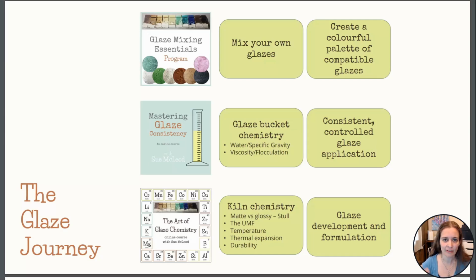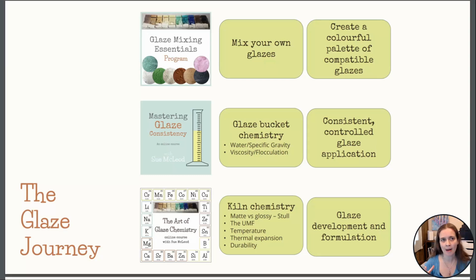They might just have different names. I go through all the common materials and explain, okay, this nepheline syenite is a flux. It's a source of primary flux. Whiting is a source of secondary flux. I go through all the materials and explain their role in the glaze recipe.